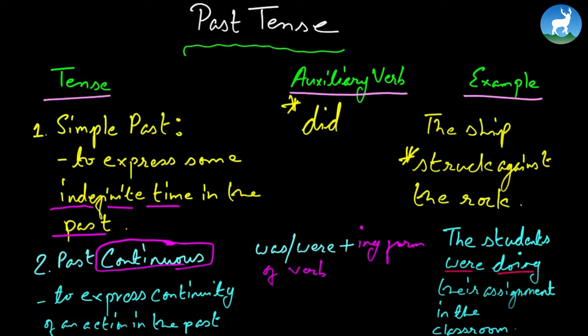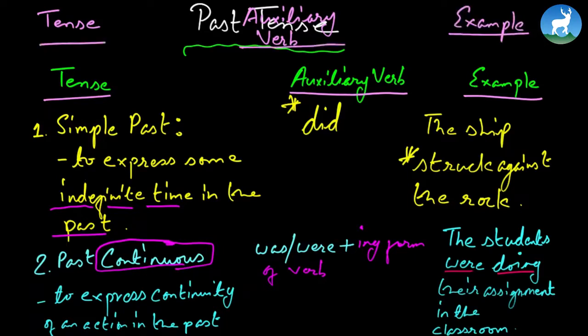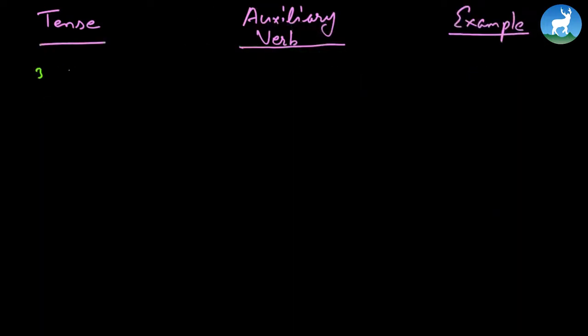Okay, let's move further. We go for tense, auxiliary verb, and an example. Now we have number 3, past perfect. What does past perfect do?